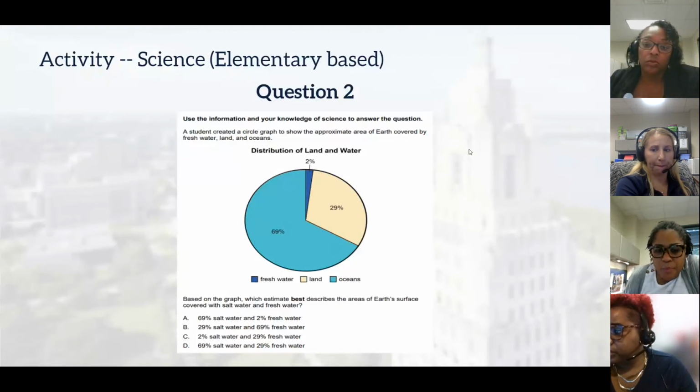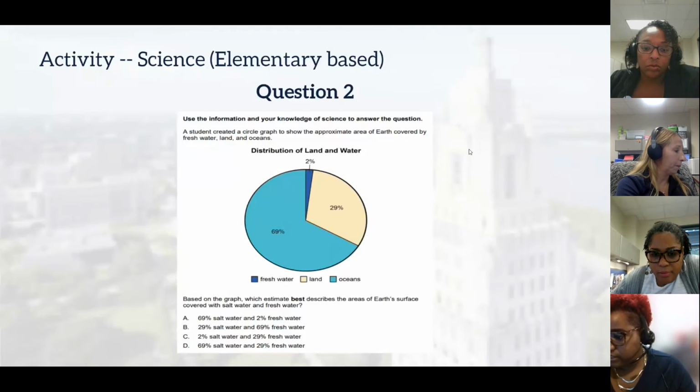The distribution of land and water is shown below. So we see 69% ocean, 2% fresh water, and 29% land. Based on the graph, which estimate best describes the Earth's surface covered with salt water and fresh water?